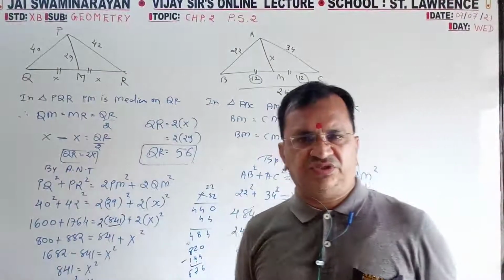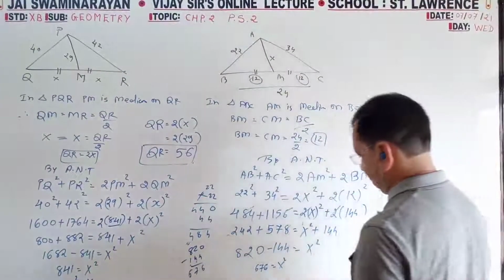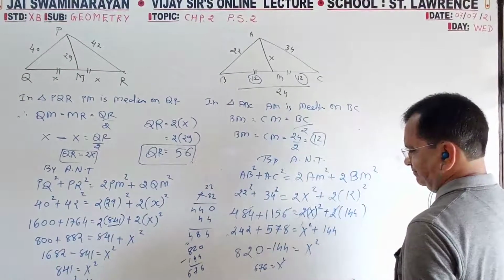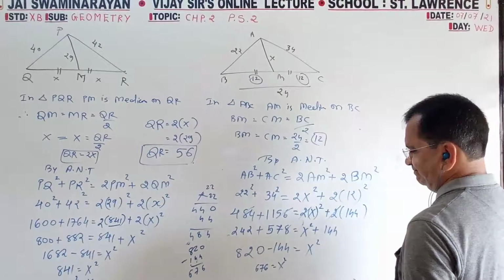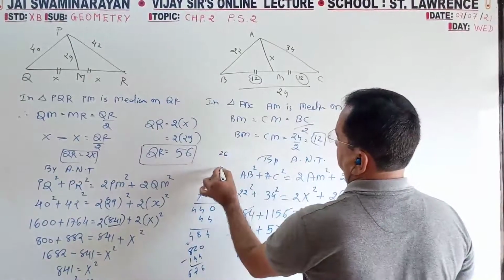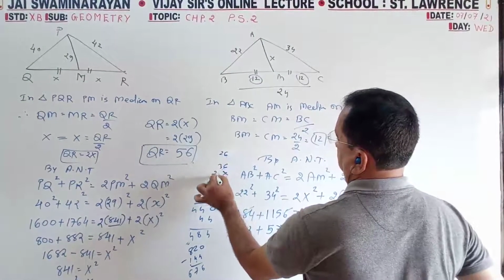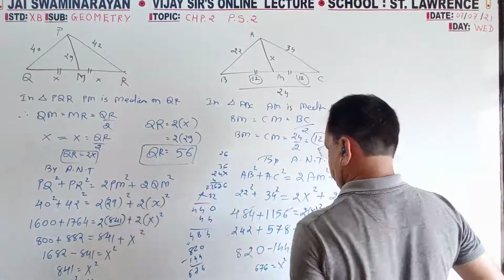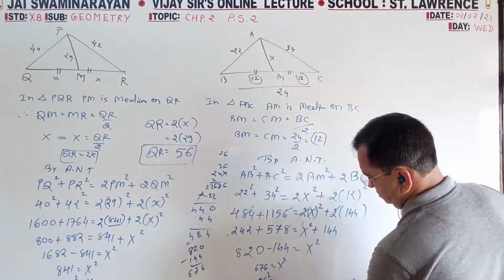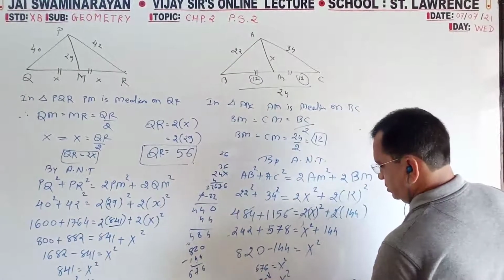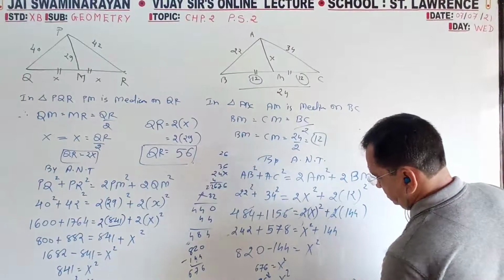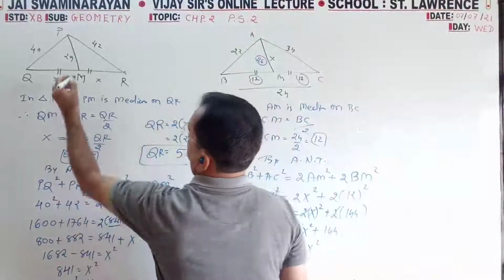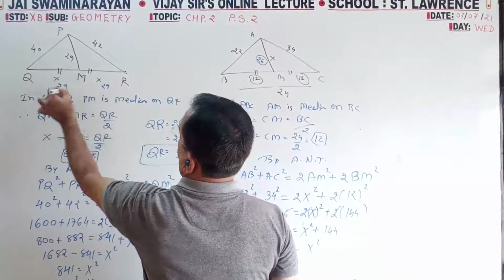Square root of this, 26 is not possible. Six, 7, 6, 6, 26. So x is equal to 26. So here we want 26. Here we want 29, but the total is 50.